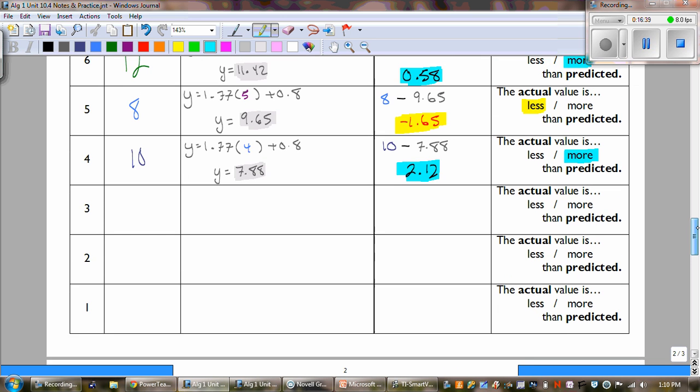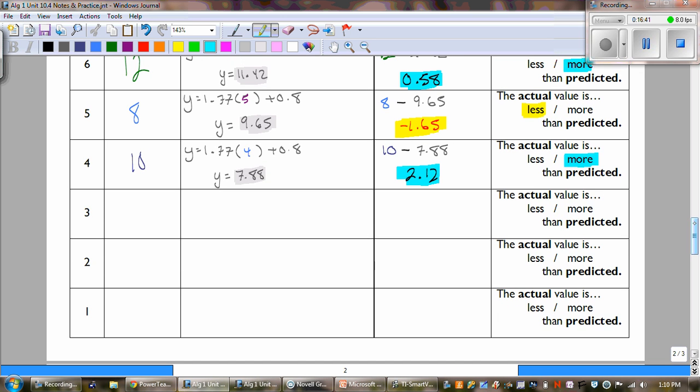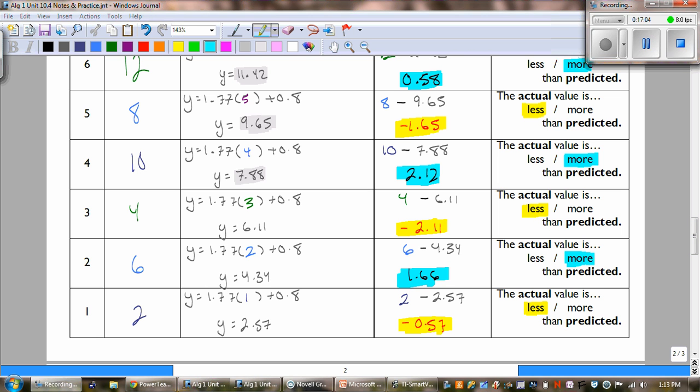Okay? Now, what I want you to do is pause the video and do 3, 2, and 1. You can do those all on your own. All right? Good luck. Remember that you're plugging into y equals 1.77x plus 0.8. Okay, and there's all of that data.